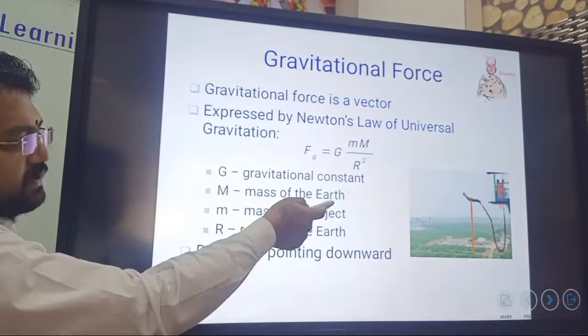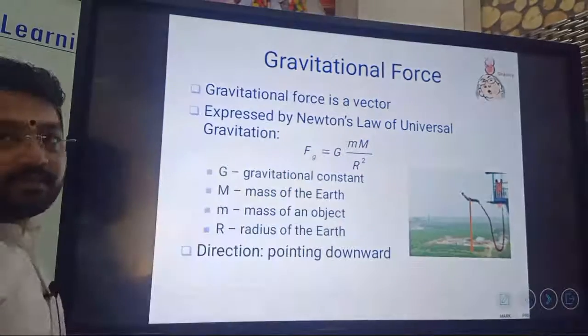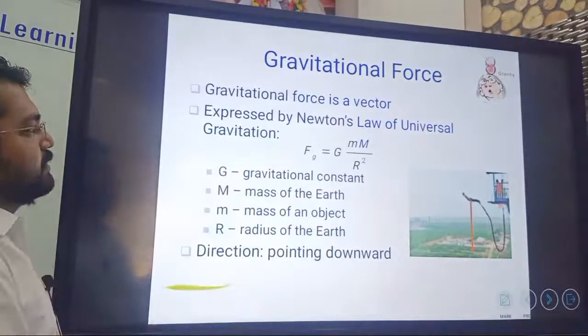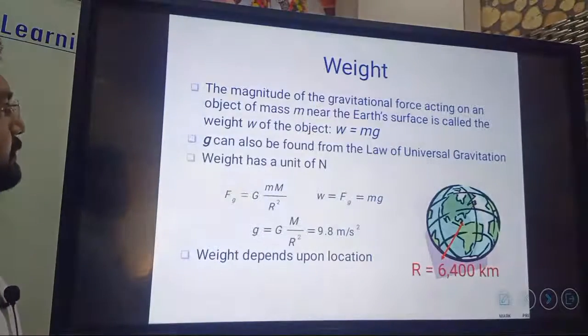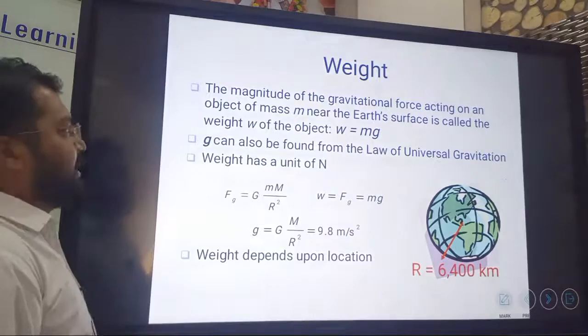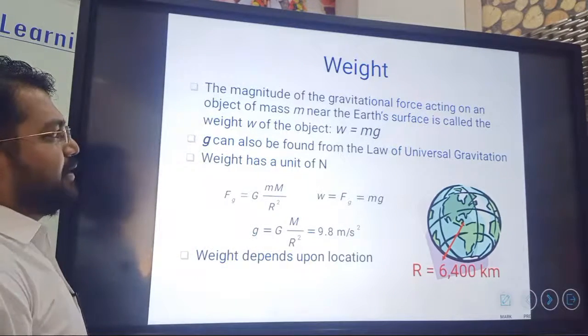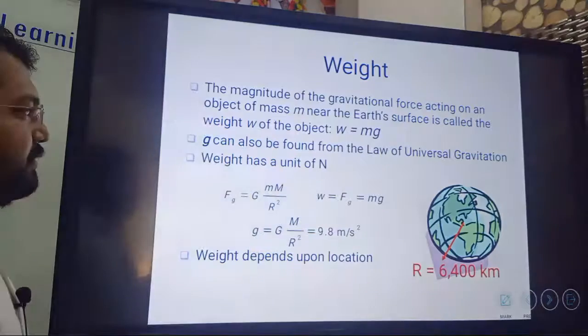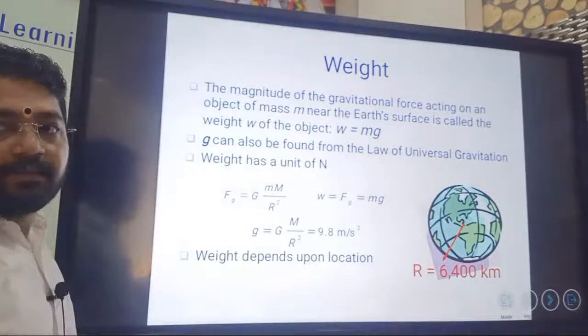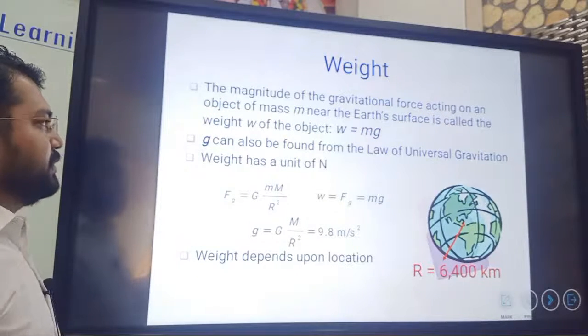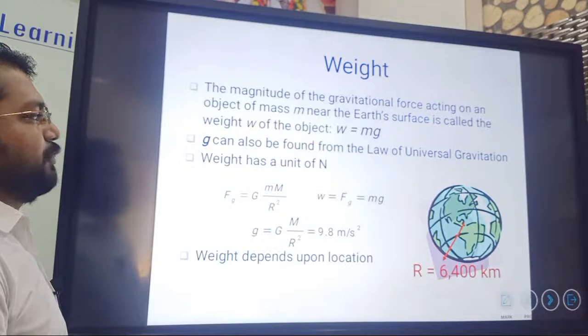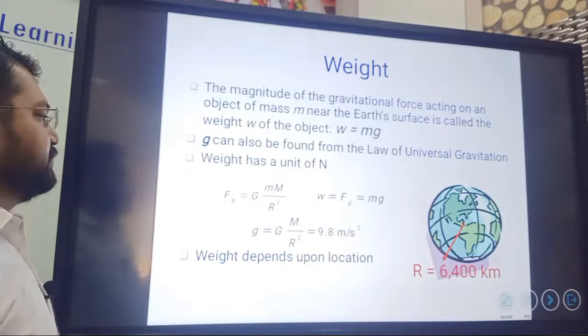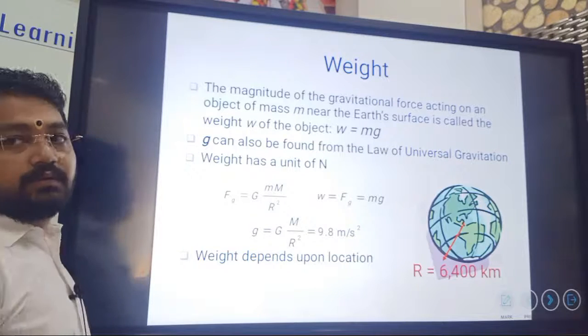Now in this picture, the direction is pointing downwards. The magnitude of the gravitational force acting on an object of mass m near the earth's surface is called weight, and weight is nothing but m into g, and g can also be found from the law of universal gravitation, and weight has a unit of newton.